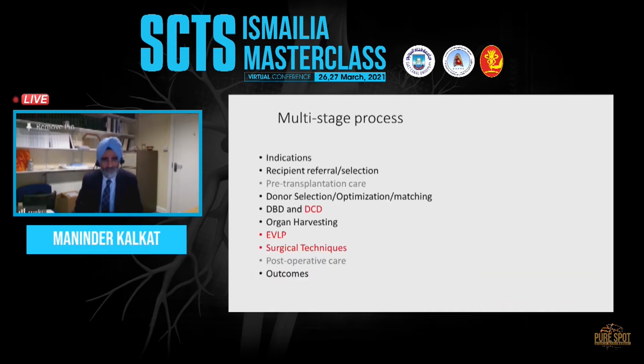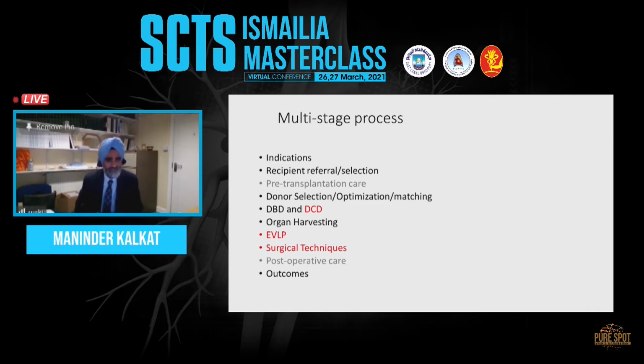So lung transplantation, the whole journey is a very long and tedious process divided into various stages. There is a proper criteria for referring these patients for the assessment, and then once they are assessed and either added or waiting to be added on the list, there is a pre-transplantation care which they go through, and then there is a process of donor selection, optimization, and matching.